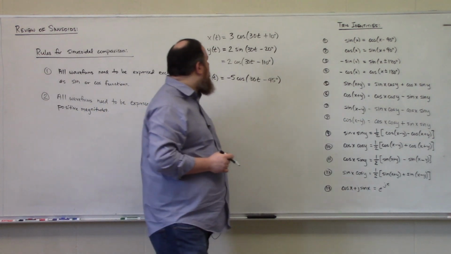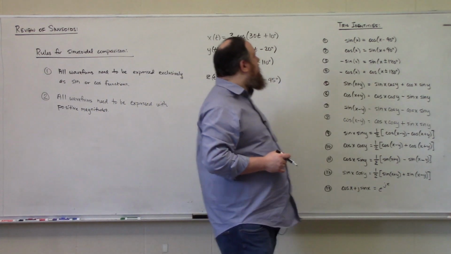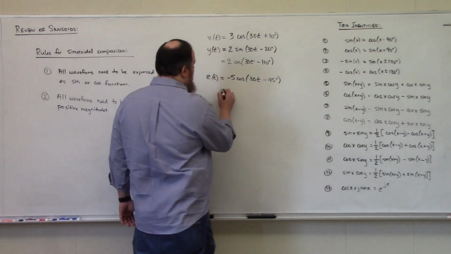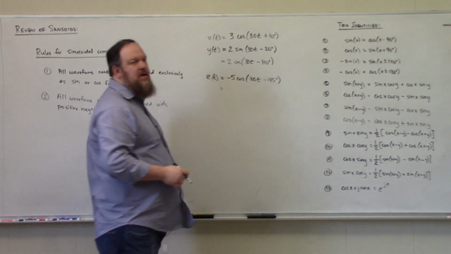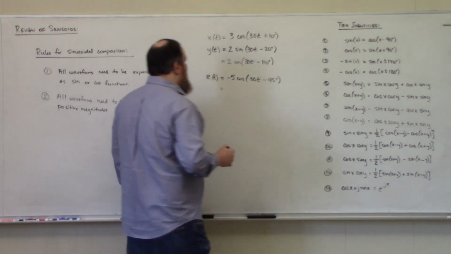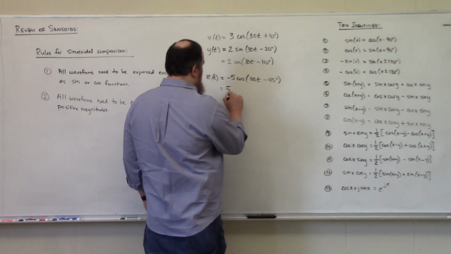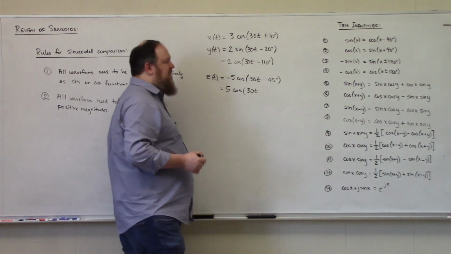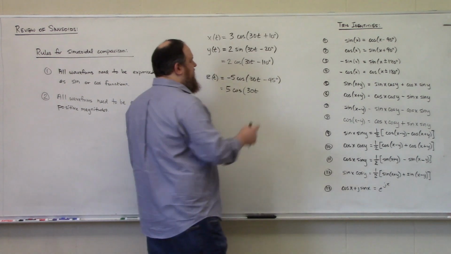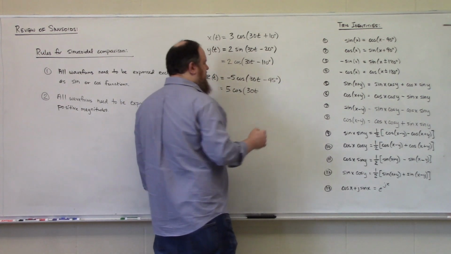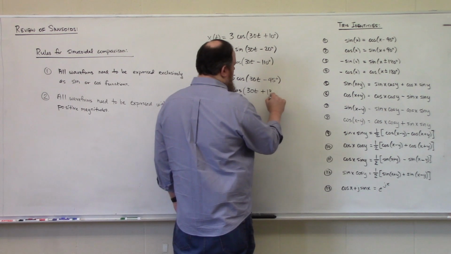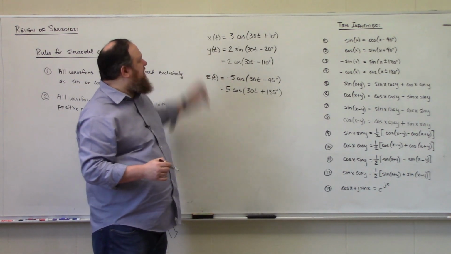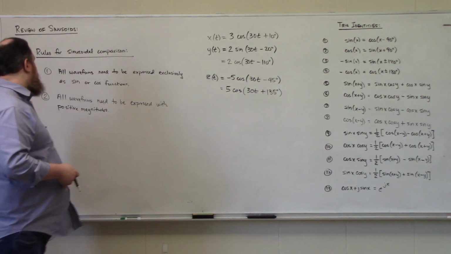And I could use trig identity number 4 to express that as a cosine function with a positive magnitude. And I do that by shifting my phase angle by plus or minus 180 degrees. So that would be 5 cosine 30t. And if I shift my phase angle by positive 180 degrees, negative 45 plus positive 180 gives me positive 135 degrees. And now I could compare z of t to x of t if I so chose.